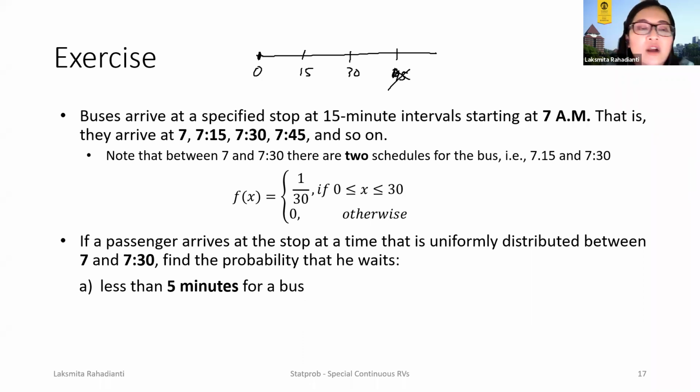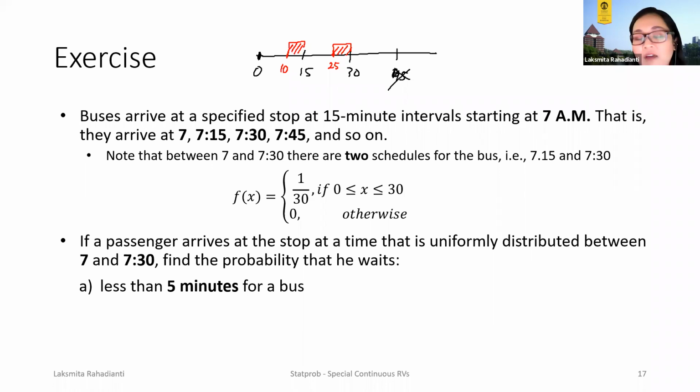The waiting for less than 5 minutes means he must arrive between there and there, because he is waiting less than 5 minutes. Or he's arriving here. So there are two possibilities in which he would have waited less than 5 minutes.